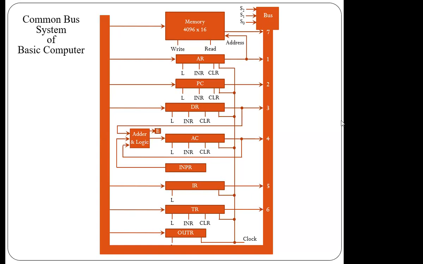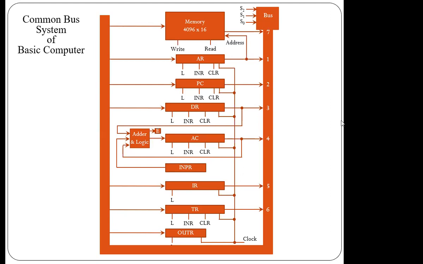By enabling the load input, a particular register will read the data from the common bus system, right? So the register whose load input is enabled receives the data from the bus, right? So this is about the registers.